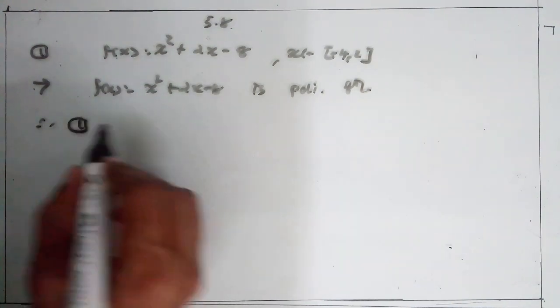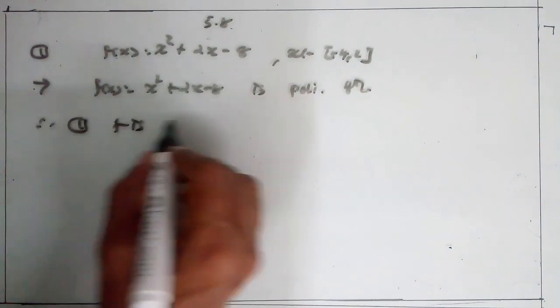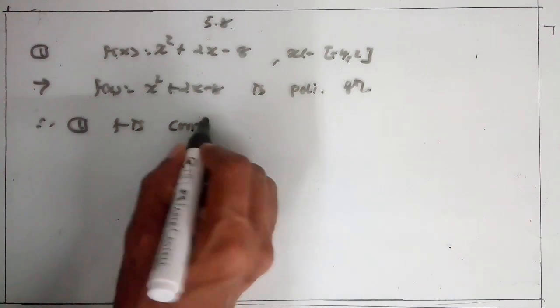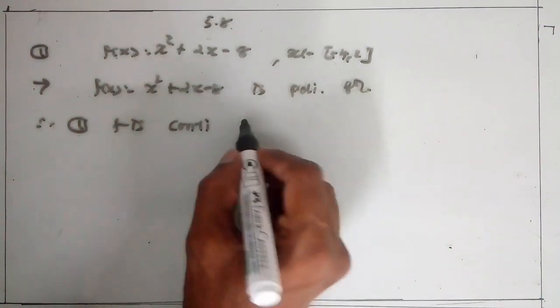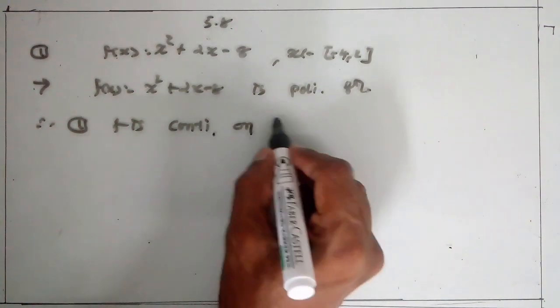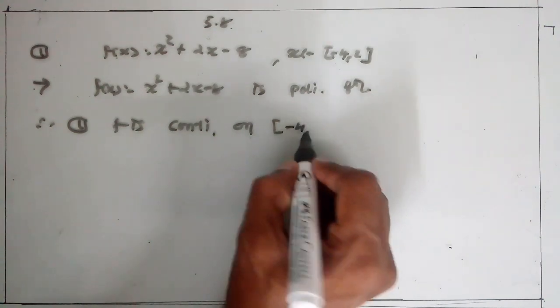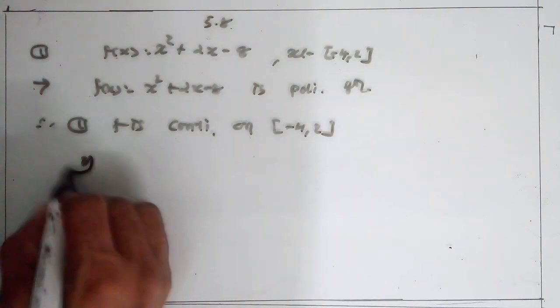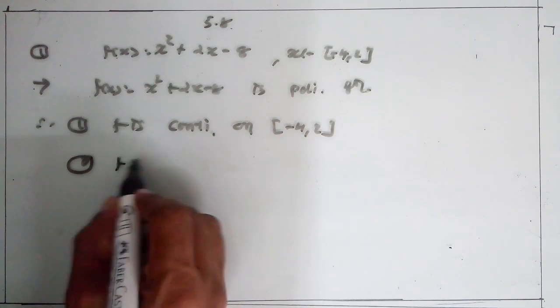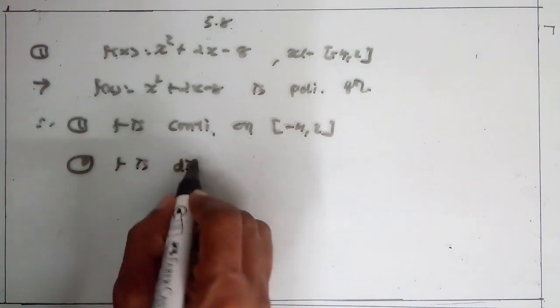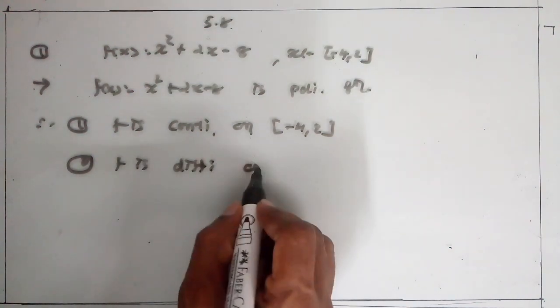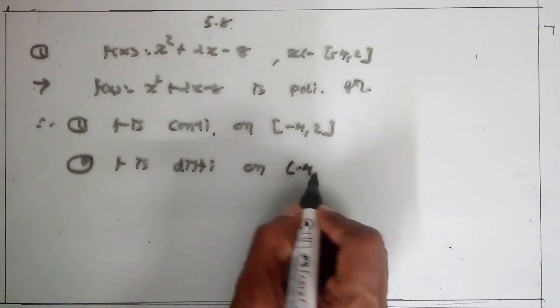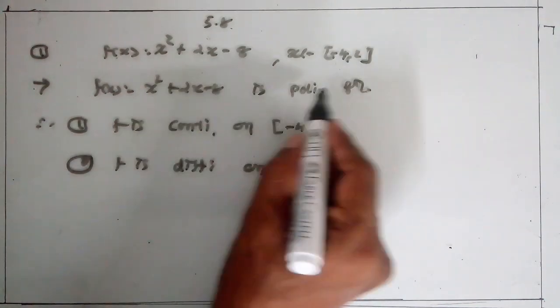Therefore, number 1, f is a polynomial function, so it is always continuous. So f is continuous on [-4, 2]. Clear?